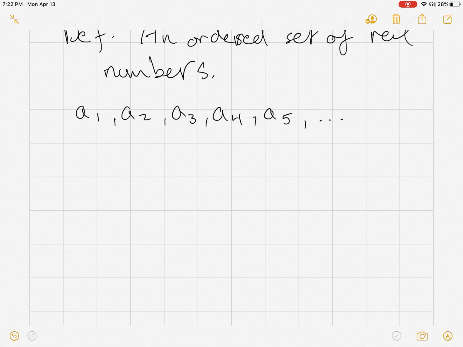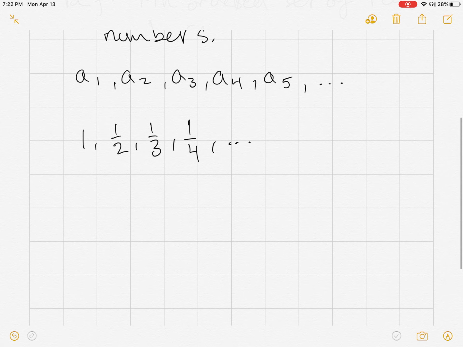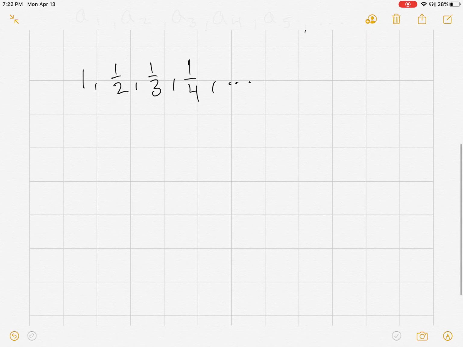An example, like a real example, might be something like 1, 1/2, 1/3, 1/4, right? We know which order they're in because we just read left to right, and each one is a real number. Let me give one more example.